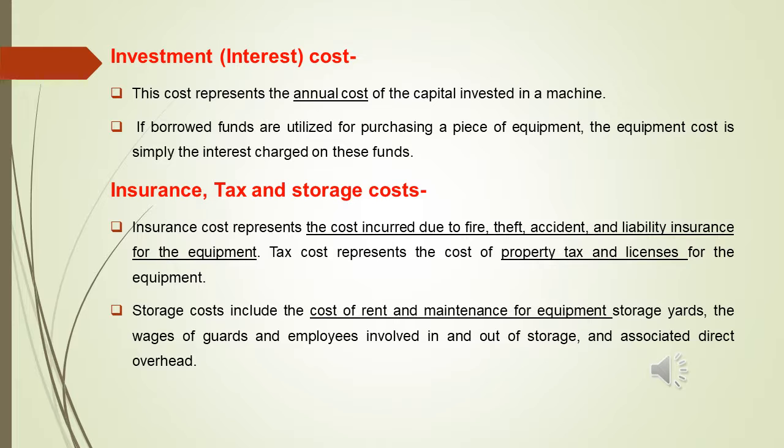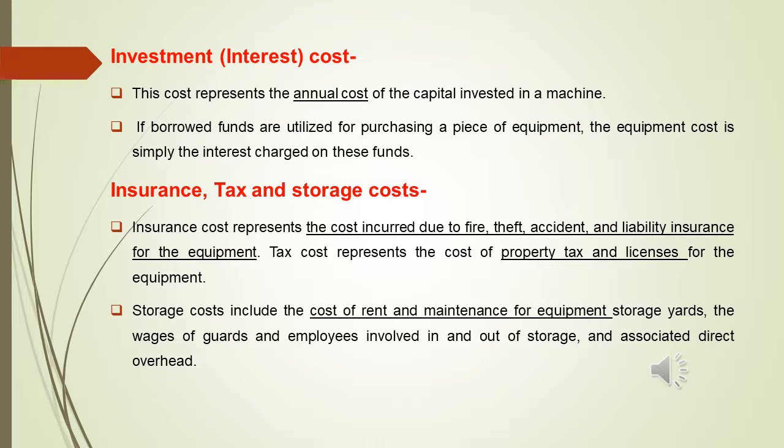Tax cost represents the cost of property tax and license for the equipment. Even these construction equipments, you can't randomly go and make use of them. You need a skilled person to operate it.